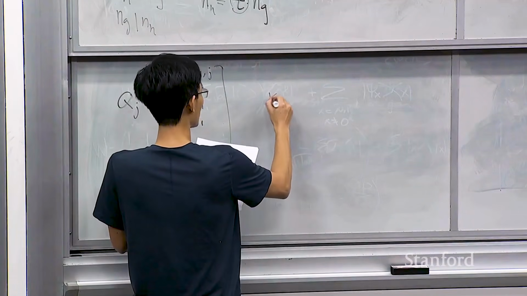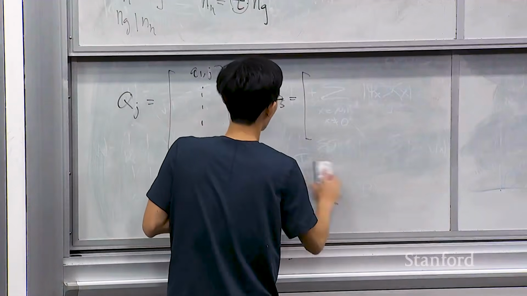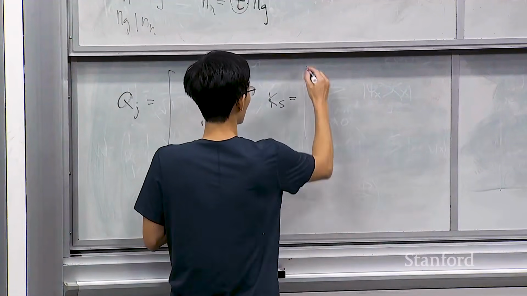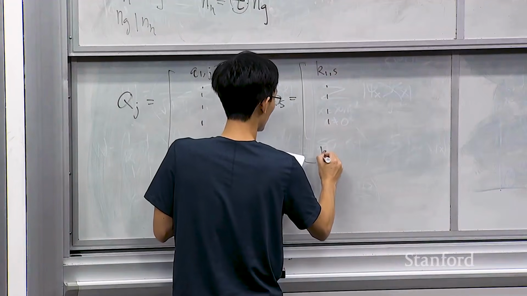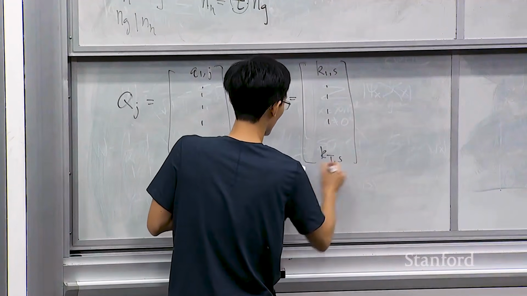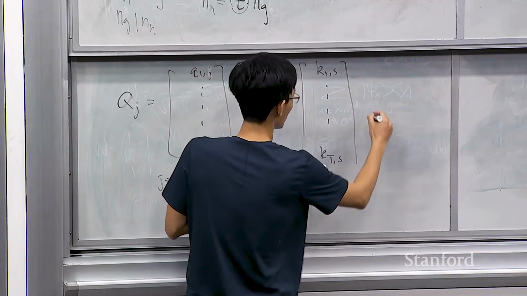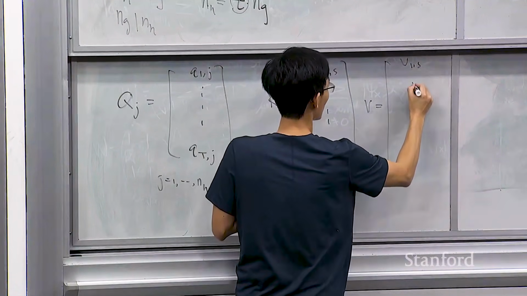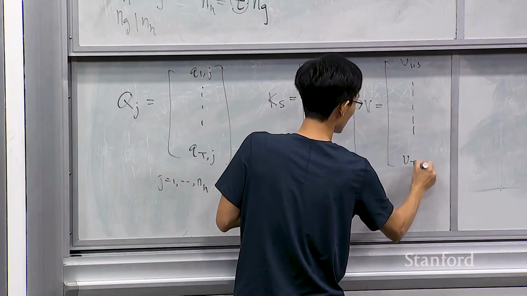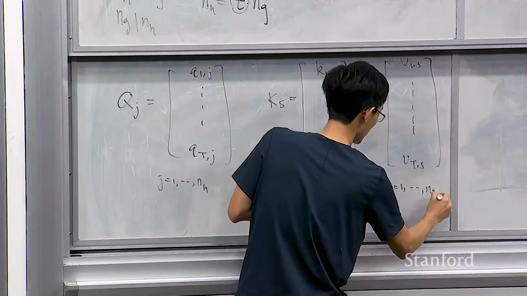For keys, you have much fewer keys: K1s up to KTs, where s is from 1 to NG. And the same thing for V: V1s up to VTs, where s is from 1 to NG.